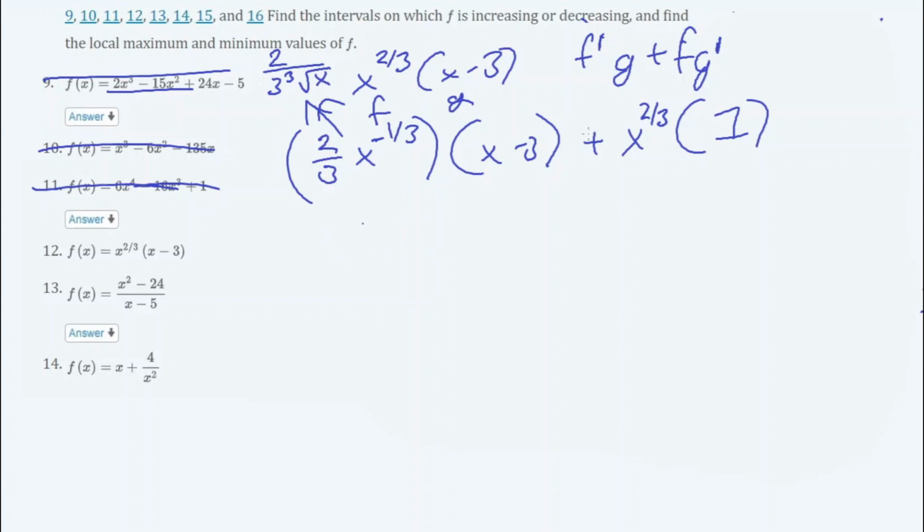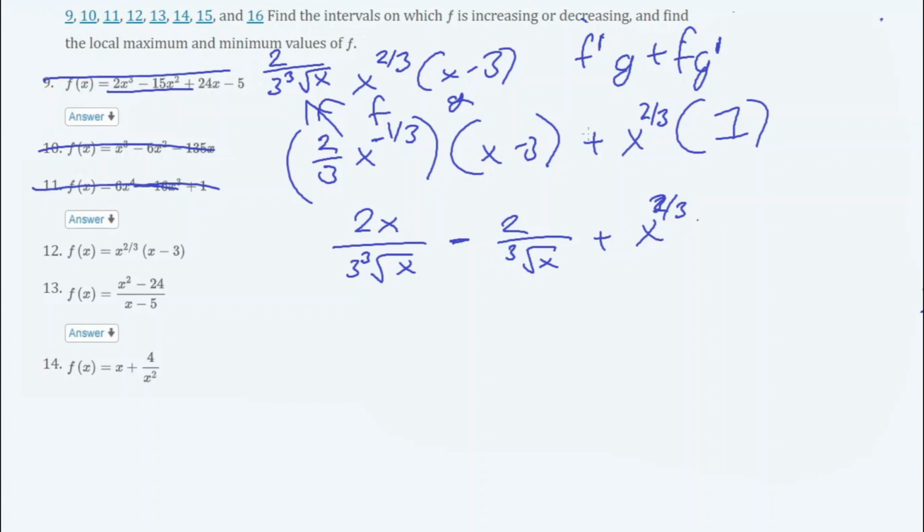If we multiply it out, we're going to have 2(x minus 3) over 3 times the cube root of x, plus x to the 2/3 power. And this would be our derivative function, and we could solve even further for x so that we could make it a lot easier for us.